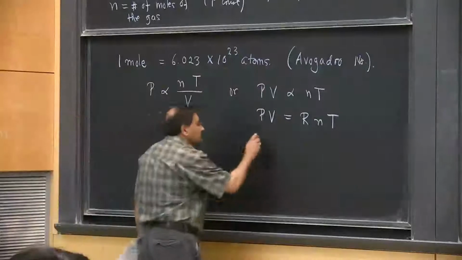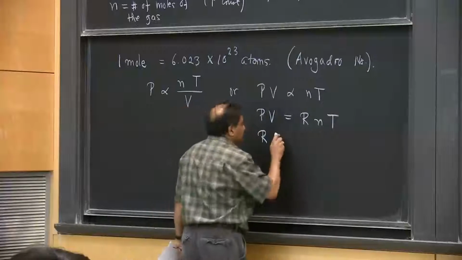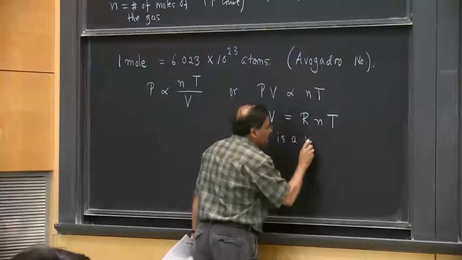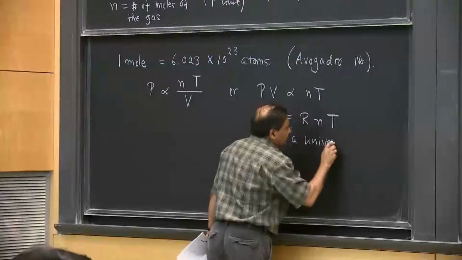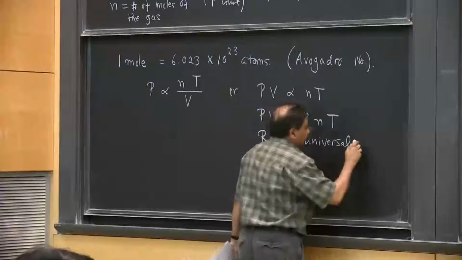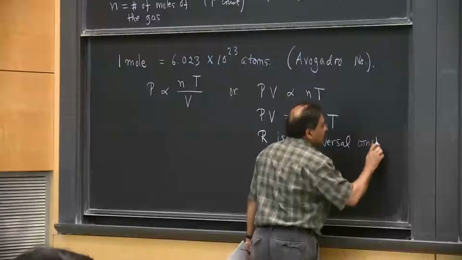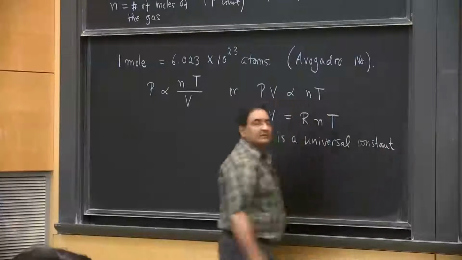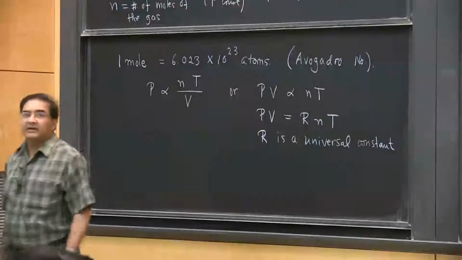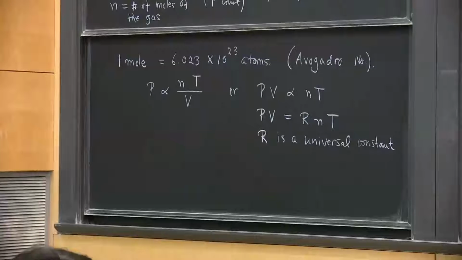And it turns out that this R is a universal constant. So just like the speed of light is a universal constant, just like big G in gravity is a universal constant, this R is also a universal constant.